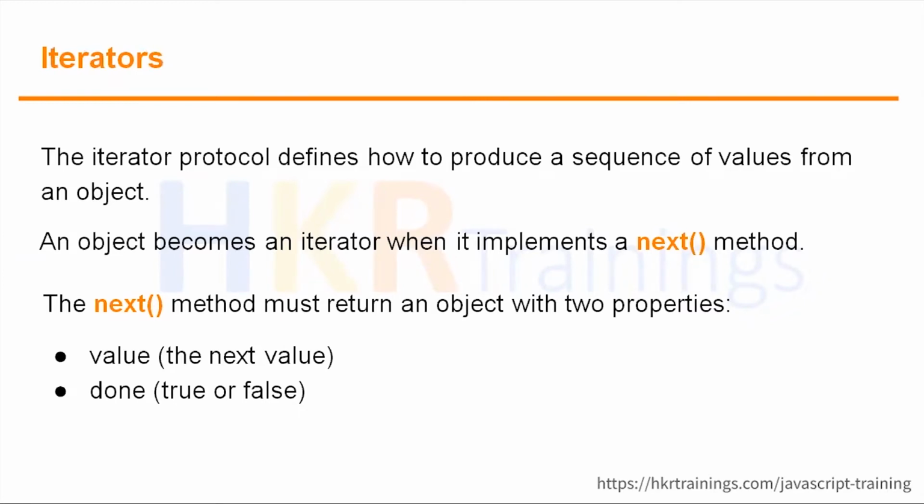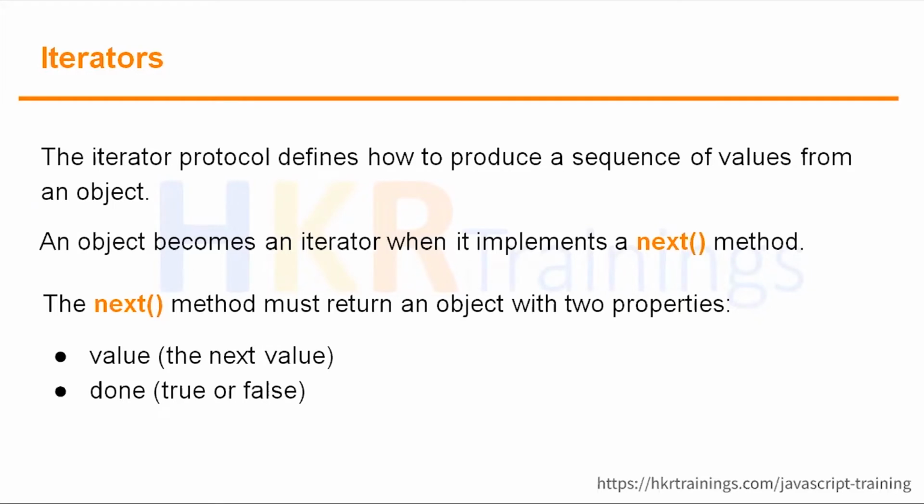So an iterator, let's say I have... Okay, I will explain it like this. Whenever you are implementing an object, and we use this next keyword, this next keyword is an iterator in JavaScript. So suppose you have created an object using the next keyword. In that case, that object will be considered an iterator.